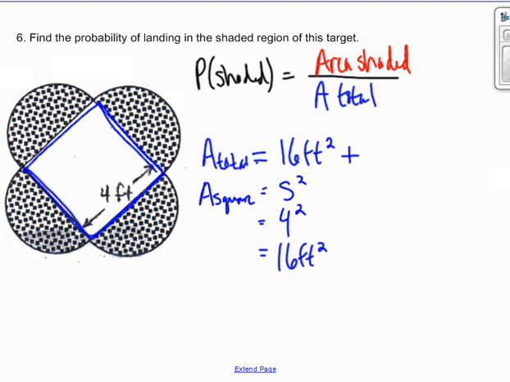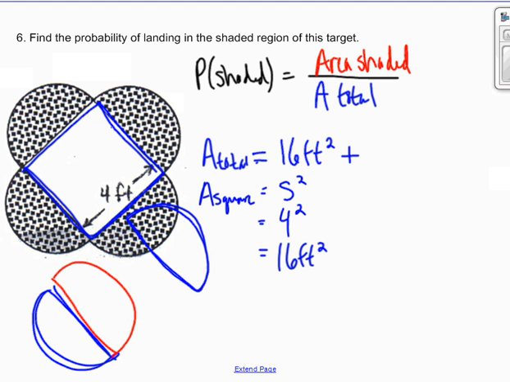And then I have to add in these petals, whatever you want to call them. So let's see, I have 2 semicircles. Well, think about it. If you were to put them together, they make a whole circle. So if I have 2 sets of semicircles, I really have 2 circles. So I'm going to find the area of 2 circles.